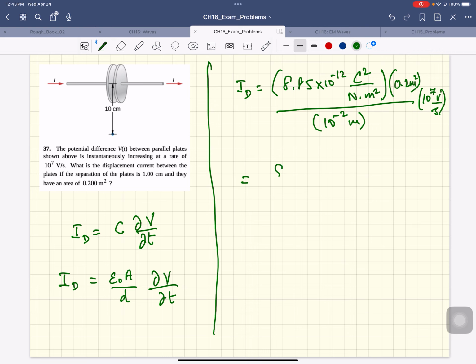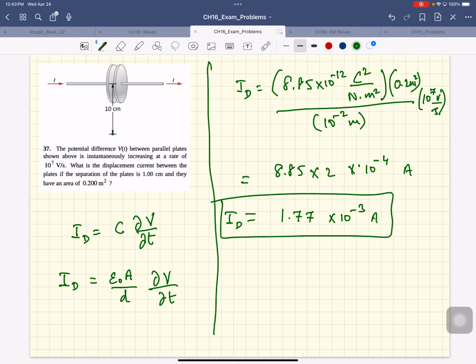So we'll say 8.85 times 2 times 10 to the minus 4 amperes, which is 1.77 times 10 to the minus 3 amperes. So a milliampere current.